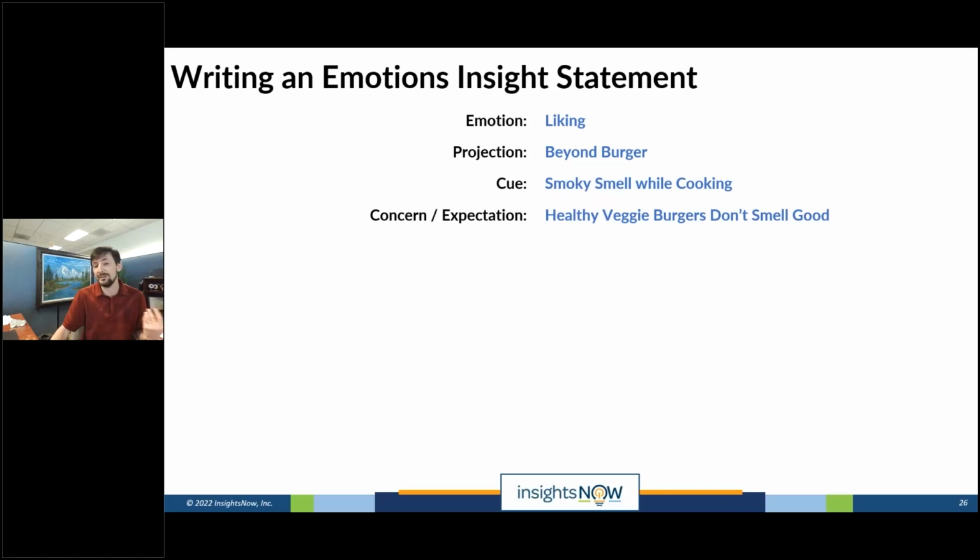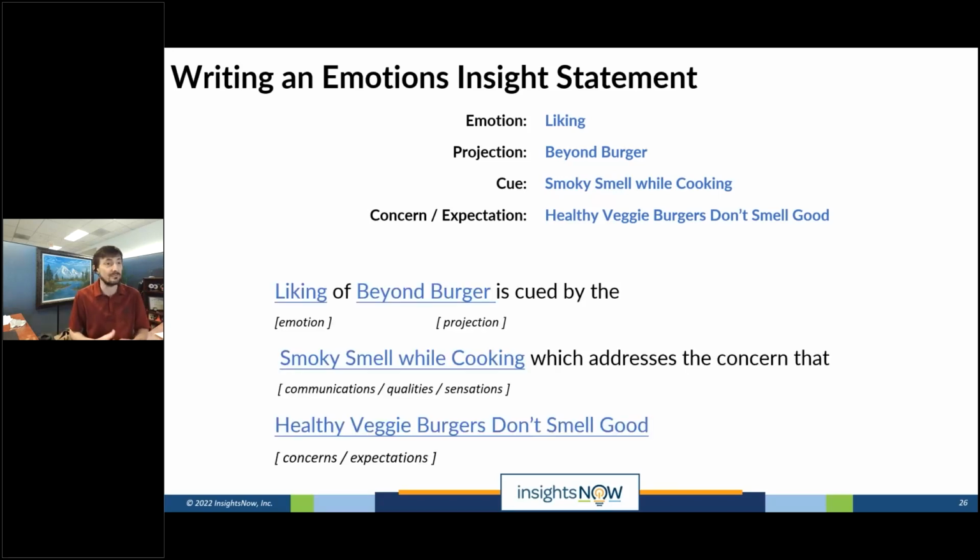So now we can put this into that rubric and make a statement. Liking of Beyond Burger is cued by the smoky smell while cooking, which addresses the concern that healthy veggie burgers don't smell good. Okay, so now we've brought to life what that emotion is like, and notice that we're connecting the dots. We can now communicate internally in a standardized way, right?